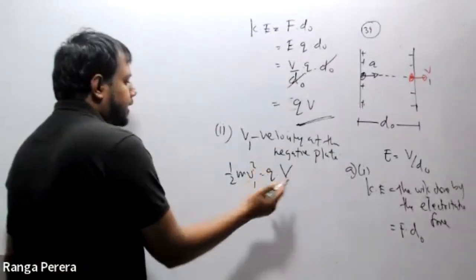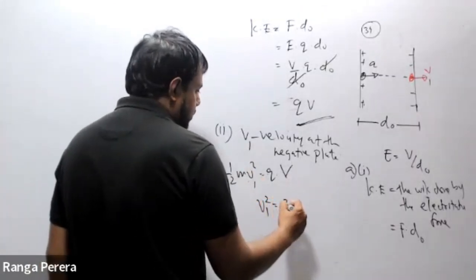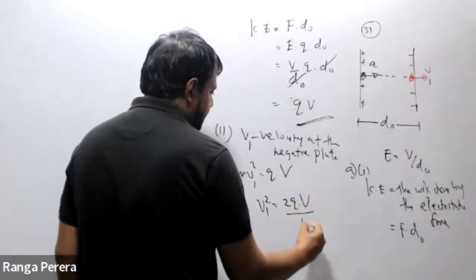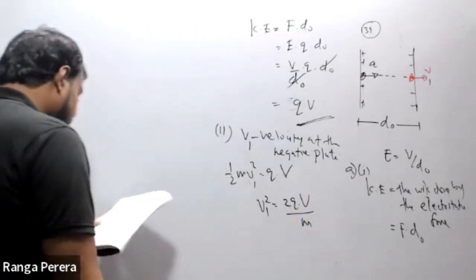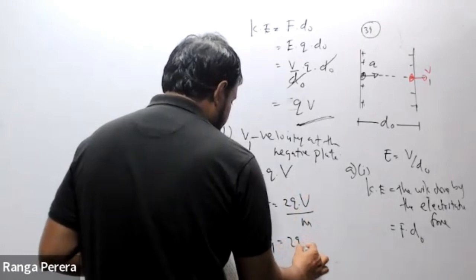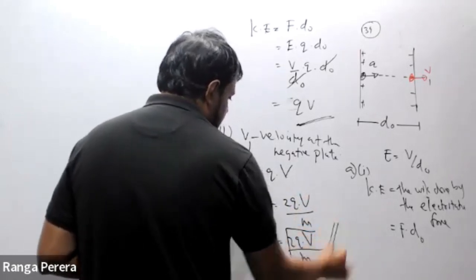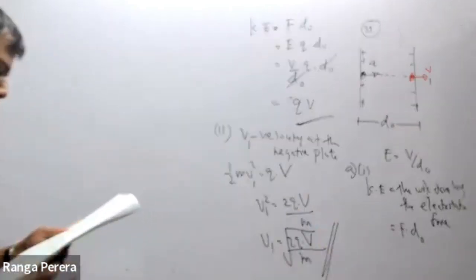Half m V1 squared equals q into V. So V1 squared equals 2qV divided by m. V1 equals the square root of 2qV divided by m. This is the velocity.